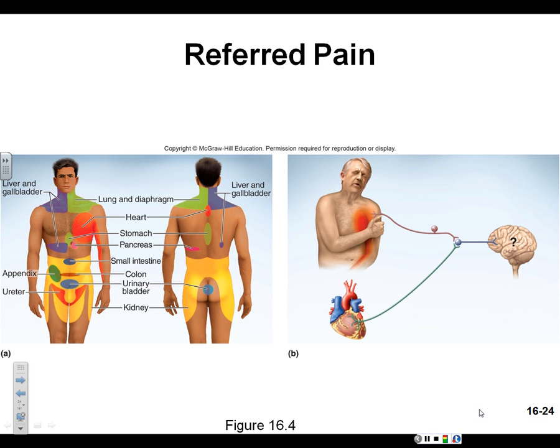All right, this is a figure of referred pain in the shoulder. If you look at the diagram on the left, A, you can see all the areas of the body that are highlighted in color. That indicates if it's kidney, bladder, heart, stomach, or pancreatic pain.